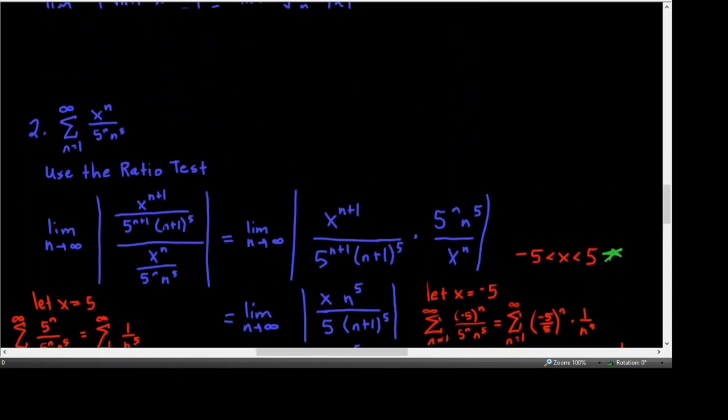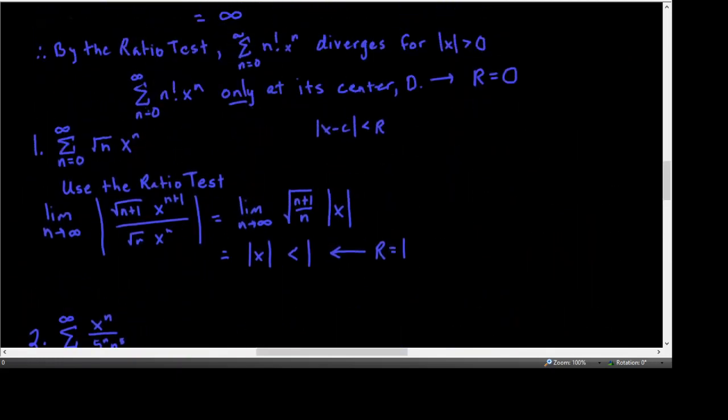Okay, now let's go back one to this one. Our thought is this absolute value of x less than 1 becomes this inequality when you take the absolute value away, and that means we need to test the endpoints.